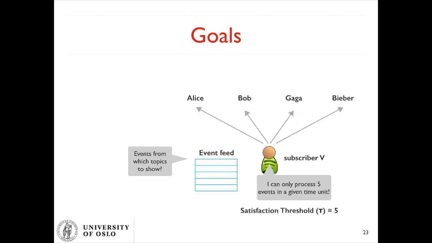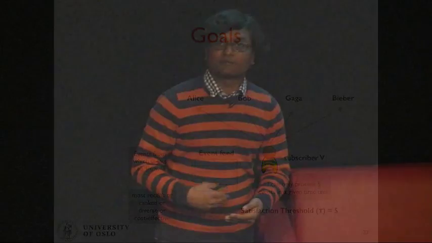It can be ranked, like a top-K delivery of events, or it can be the most recent, where you give recency priority. Or it can be diversity, where you diversify. But the last one, which is the main focus in this work, is from the PubSub service provider's perspective: how to do it in the most cost-effective manner.